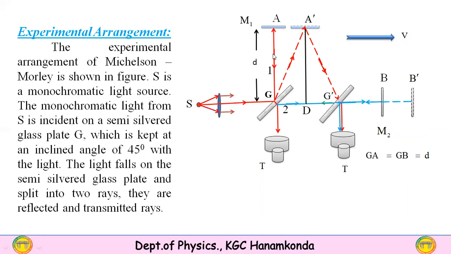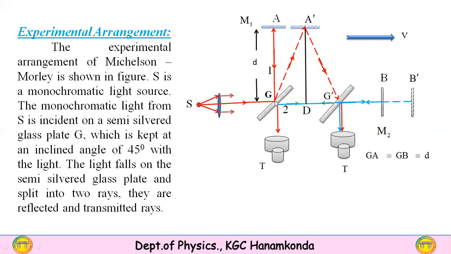In the path of GA, a plane mirror M1 is kept at A. Next, in the horizontal direction, a plane mirror M2 is also kept.